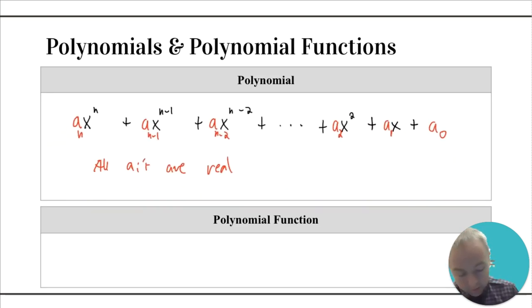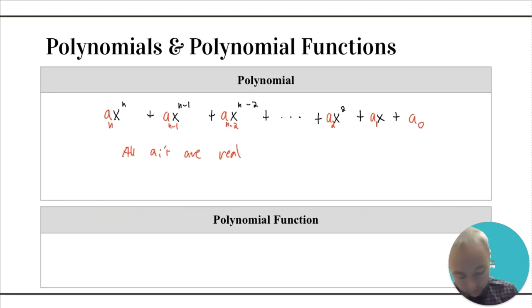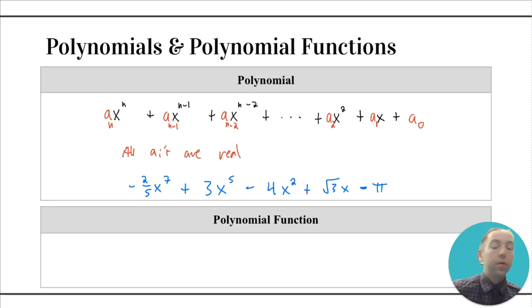Okay, so let me give you a specific example of what a polynomial might actually look like. If you had something like negative 2/5 x to the 7th plus 3x to the 5th minus 4x squared plus square root 3 times x minus pi, that would be an example of a polynomial. The reason that's a polynomial is that all of these exponents on the variable x are whole numbers.